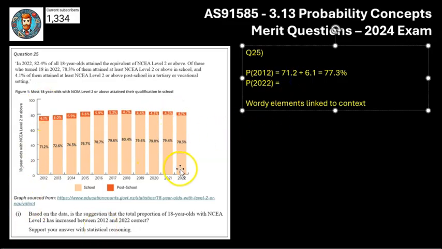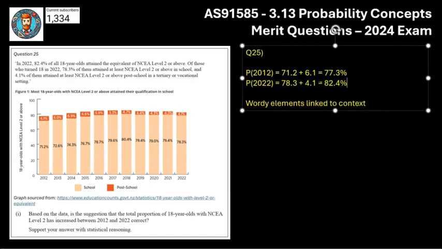We're then going to repeat the same for 2022, so 78.3 plus 4.1, and when that is combined, that comes to a larger 82.4%. So based initially just on the numbers, which I think is the achieved part of the question, we can see it has increased by 5.1%. That's pretty good. However, that's a pretty basic answer, a Year 11, Year 12 stats question, so there's got to be more to it than that, I think.